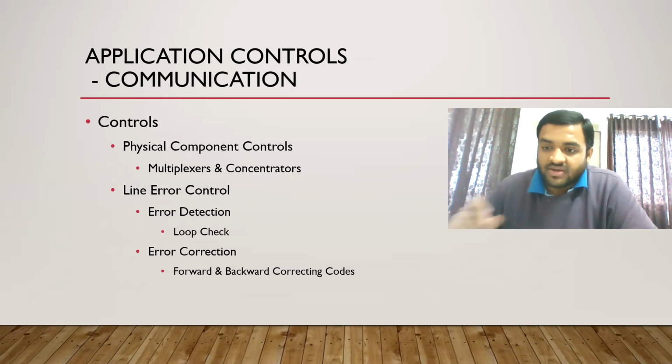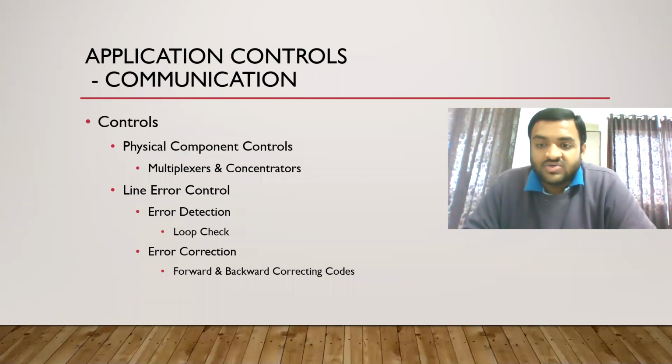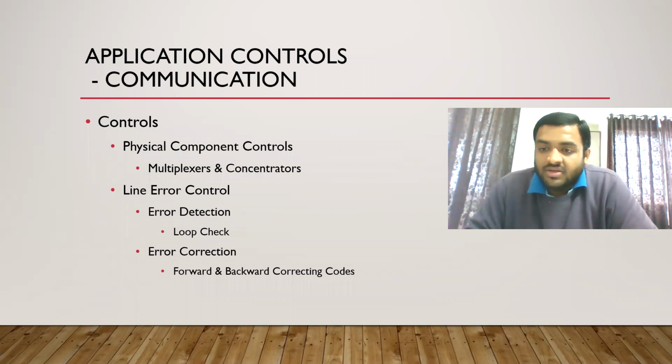What line error control does is first detect the error. The phenomenon in which you can hear your own voice again is called an echo. For echo, you will do a loop check. What is loop check? If the same message which I have sent, I am receiving it again, this loop check will auto detect it. So for error detection we have a loop check, and for error correction we will use forward and backward correcting codes.